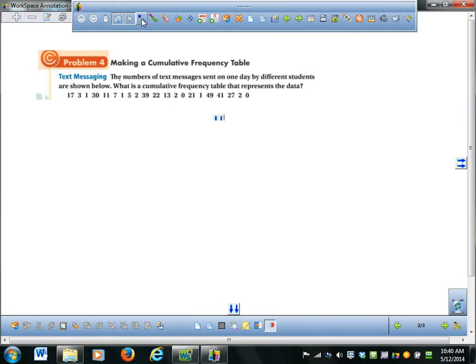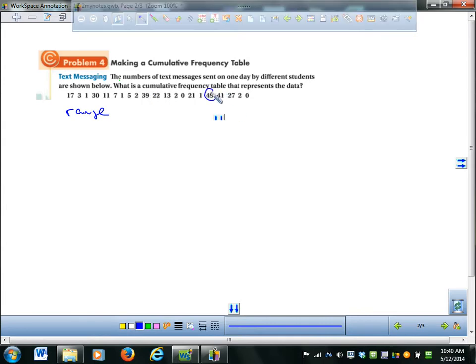Cumulative. So let's look at this one real quick. So what's the range in this category? What's the lowest number? Oh, it is 0. Up to, what is this? Number of text messages sent one day by different students are shown below.